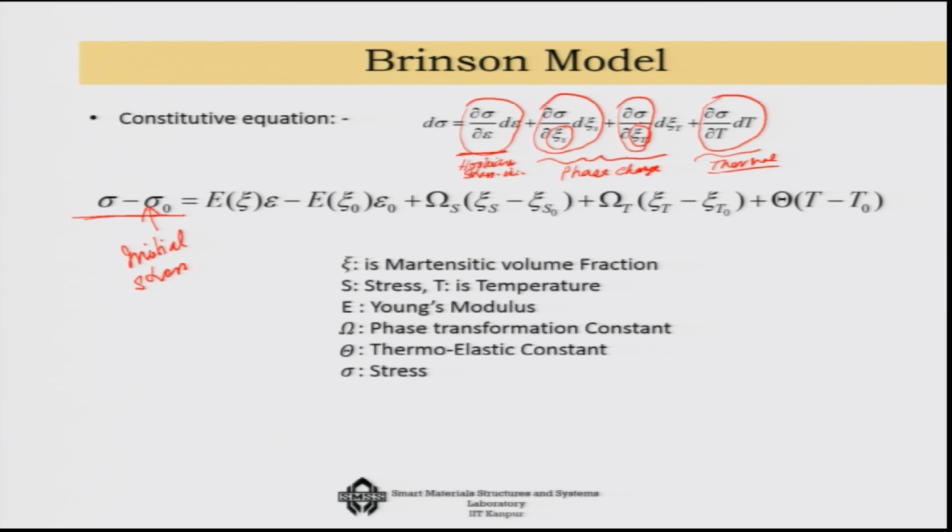Now, that σ minus σ0 is related first of all to Eε and then the initial stress part, minus Eε0. So, that is the Hookean stress strain relationship part. Then you have the phase transformation, and the first part of phase transformation is related to what you call stress induced transformation. In fact, this is the contribution of Brinson.